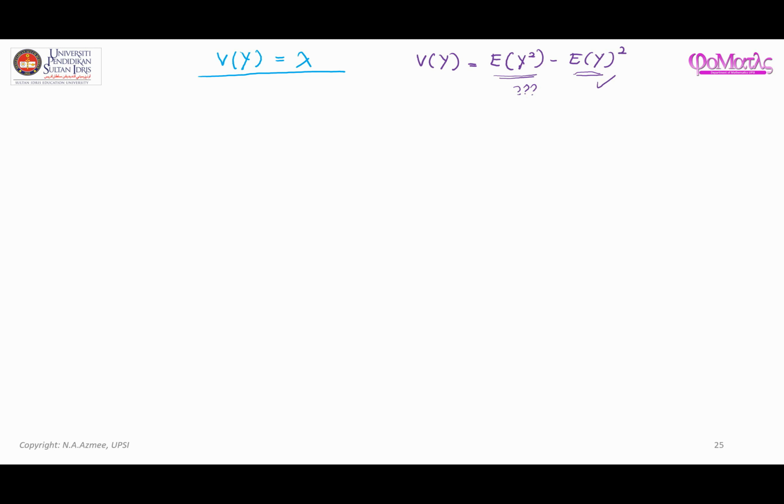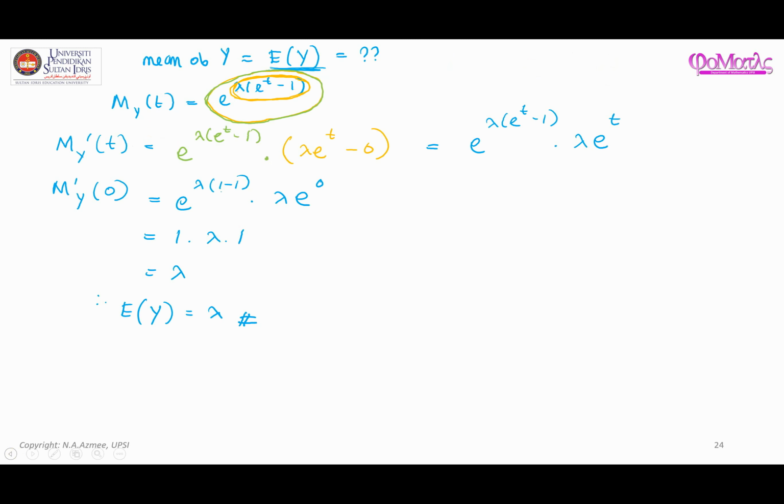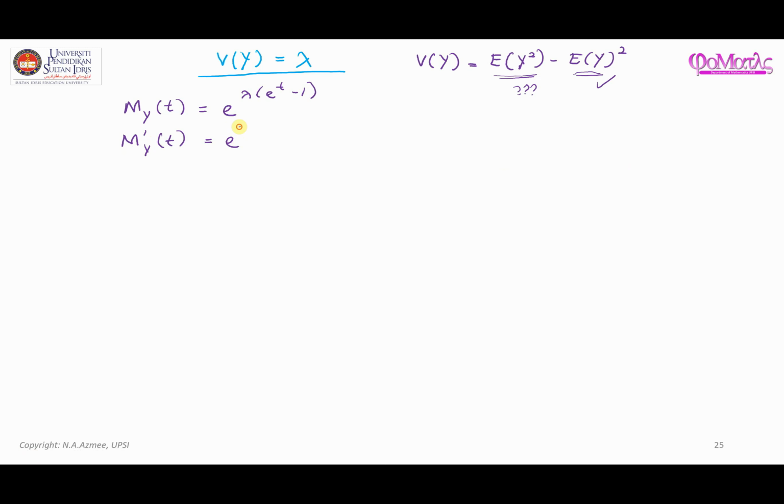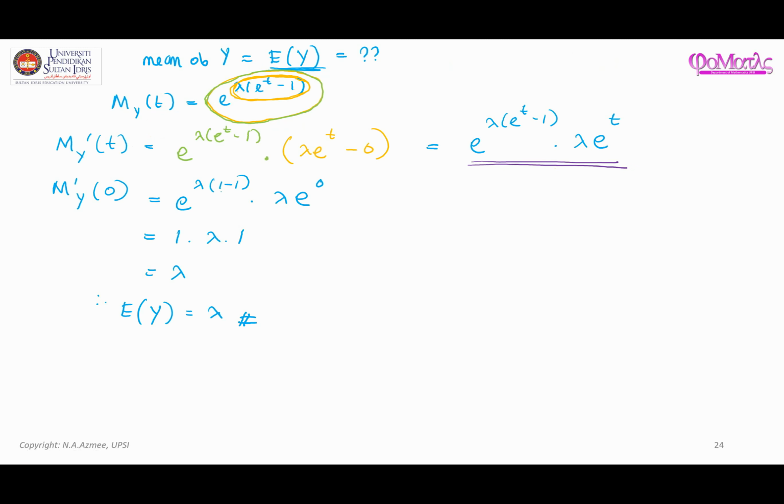And again, we can use the already obtained MGF. Here our MGF is given as such, e^(λ(e^t − 1)). And then the first derivative is just what we have obtained right here, which is e^(λ(e^t − 1)) times λe^t.